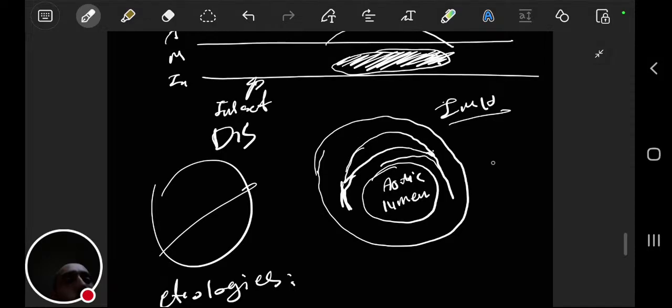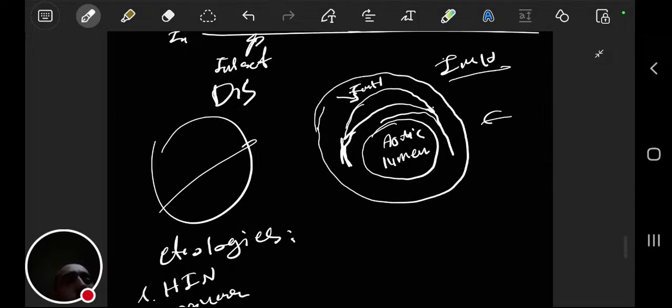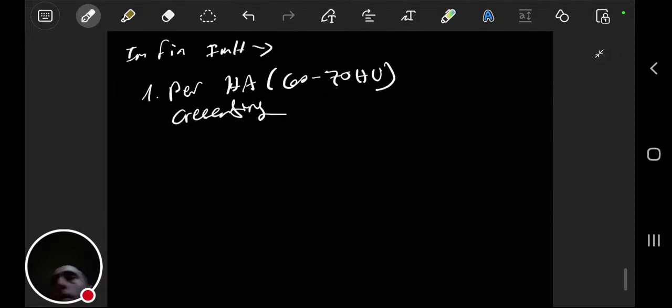You see this crescentic shape; this is the intramural hematoma. It is best seen on non-contrast enhanced CT. This is why we do the non-contrast enhanced CT 6 hours later if we suspect this after CTA.